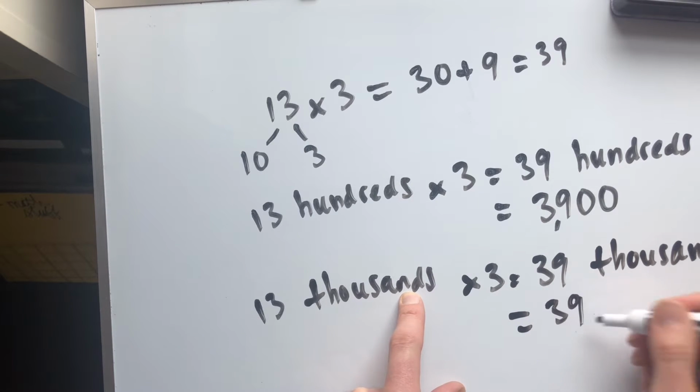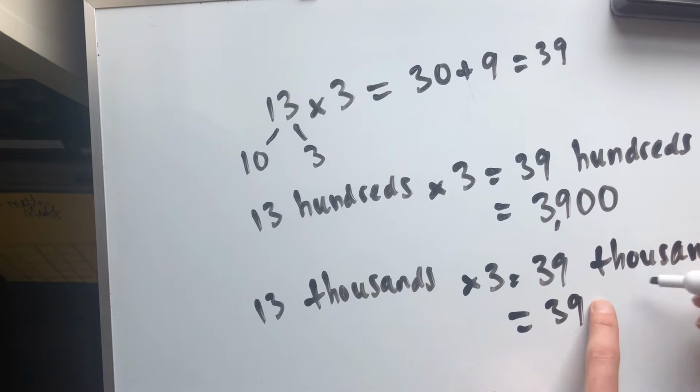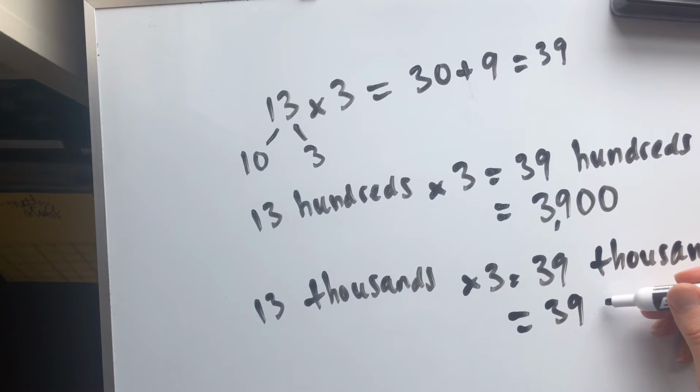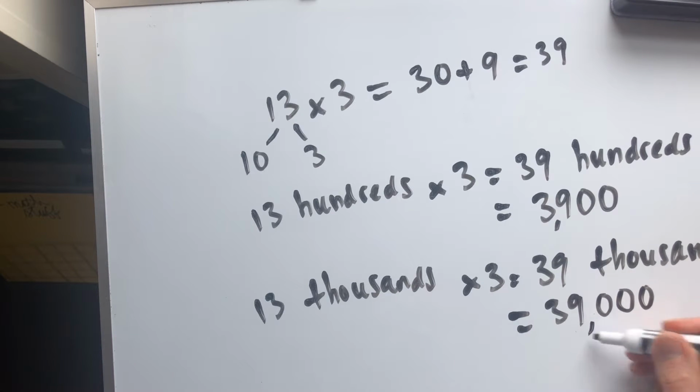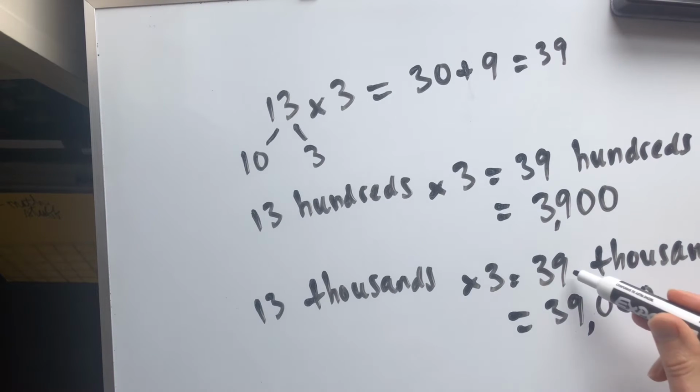Well, it looks like 39 and then thousands is going to be 3 zeros. Now 39 thousandths, what that means is that last digit, the 9, is going to be in the thousandth spot, 39 thousandths.